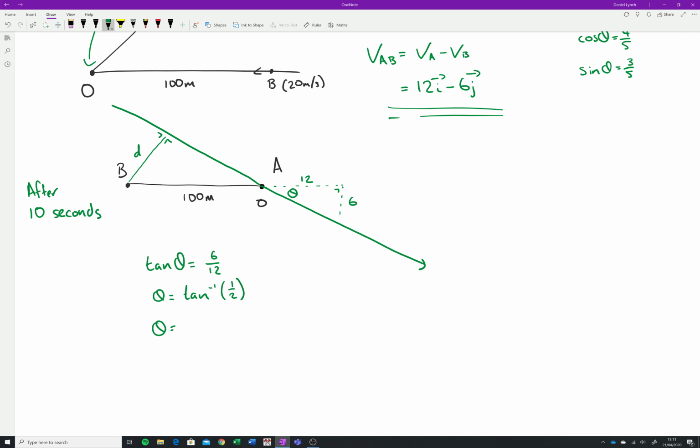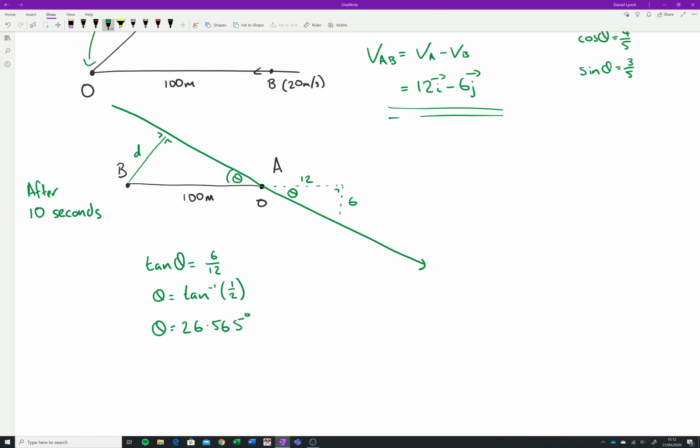Let's type that in. It comes out to be about 26.565 degrees. And of course, this is the same angle there, theta. Why is that the case? They're vertically opposite angles, so they have to be the same as each other.